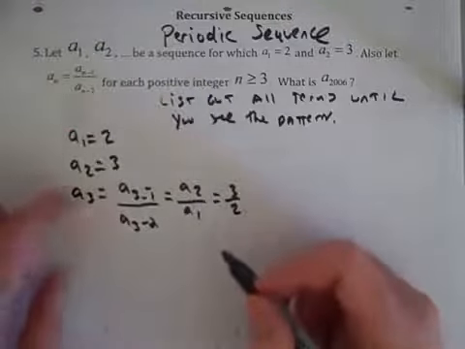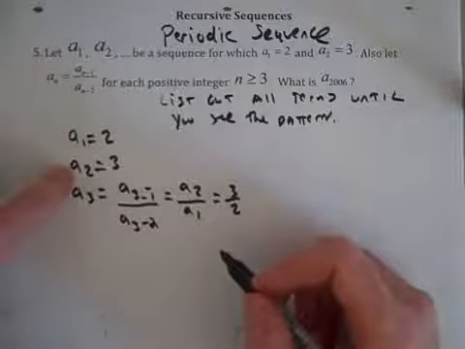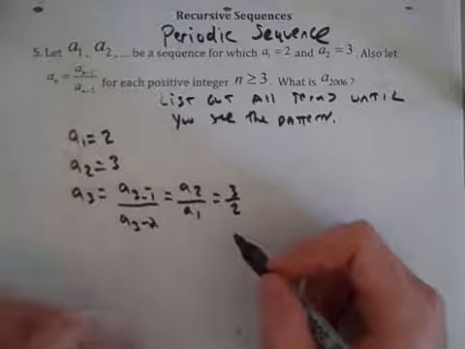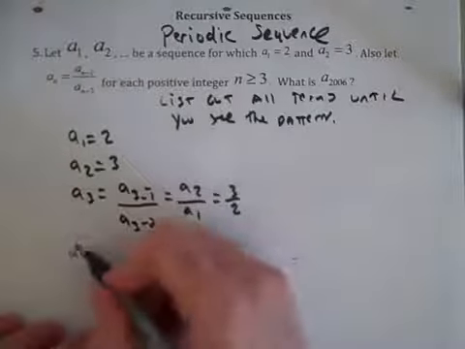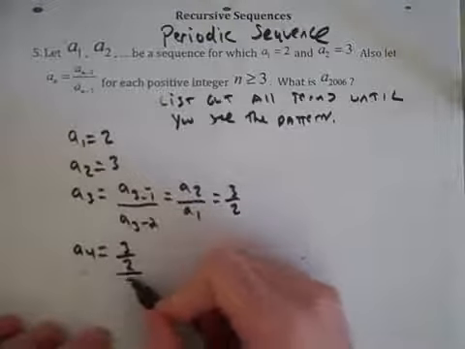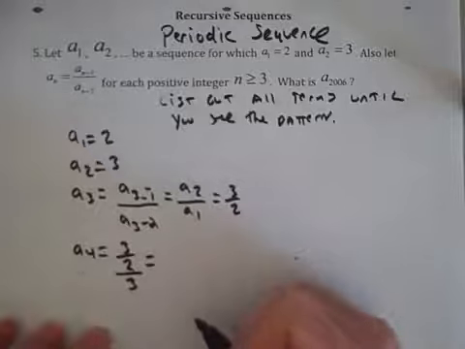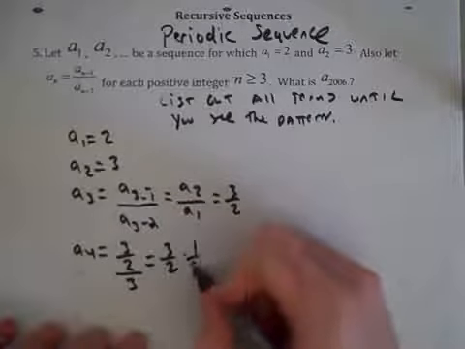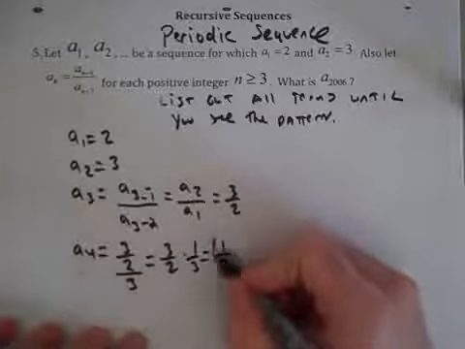It looks like we're taking the term immediately before it and dividing it by the term that's 2 before it. So a sub 4 would be 3 over 2 over 3, which is, oh no, it's a half.